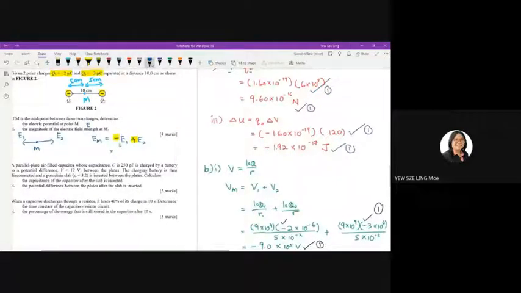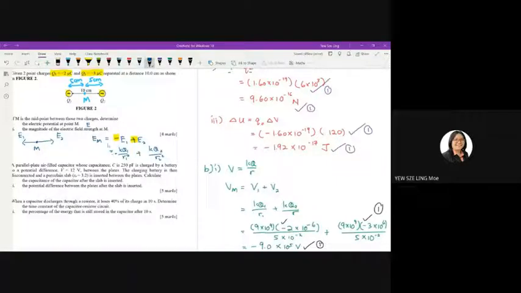So it is equal to negative kQ1 over r1 squared plus positive kQ2 over r2 squared.